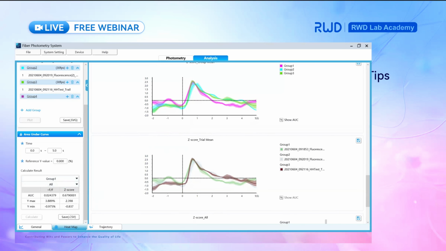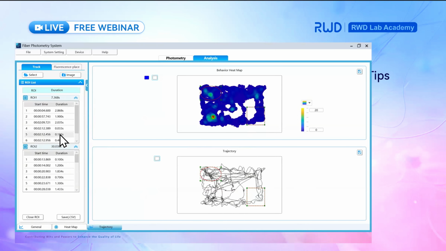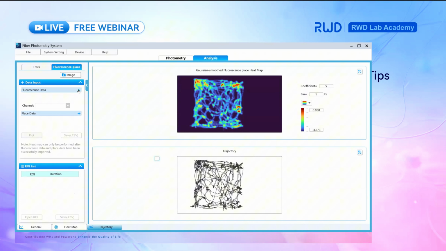So the next is the trajectory analysis. The software can automatically generate a trajectory heat map and the trajectory trace plot by opening the ROI. You can see here. You can view the ROIs defined during the recording as well as the time points when the animal entered each ROI and duration spent in each region. And this is the fluorescence place heat map.